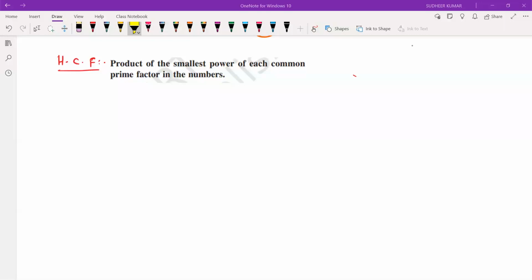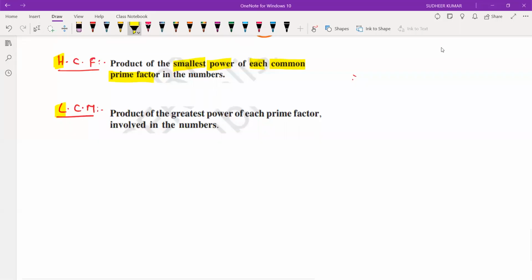HCF is the product of the smallest powers of each common prime factor. Keep in mind, for HCF it is the smallest power. This is important: common prime factors in the numbers. Before the example, we'll see the LCM also.